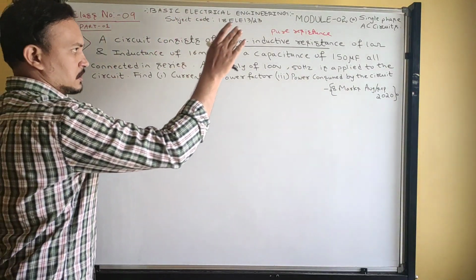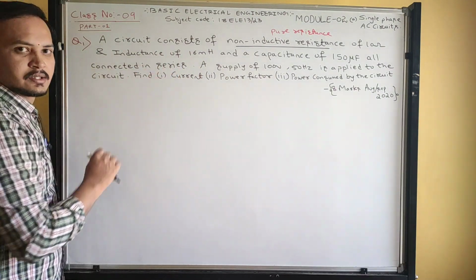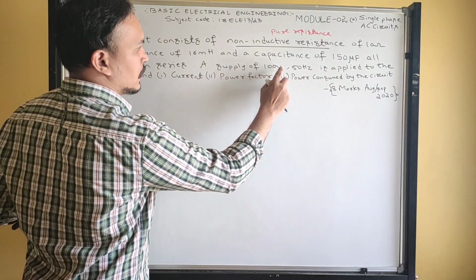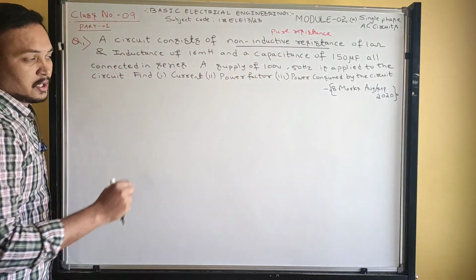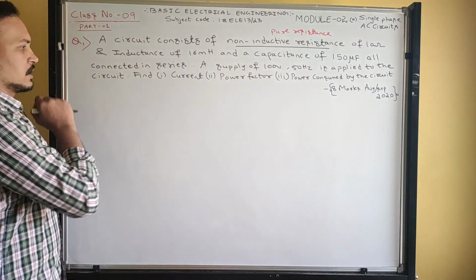All these elements, resistance, inductance and capacitance, are connected in series. For that network, a supply of 100 volt, 50 hertz is applied to the circuit.